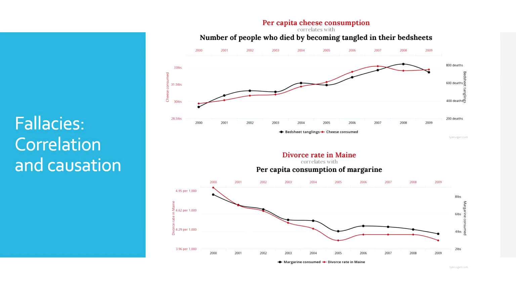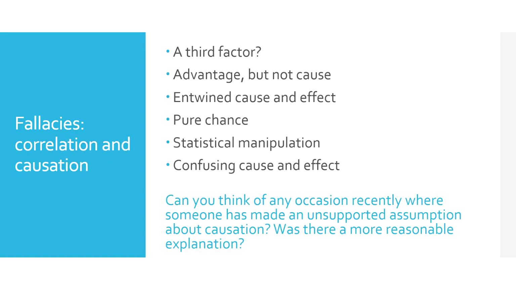Again, another example of correlation and causation is per capita cheese consumption correlates with the number of people who died by becoming tangled in their bed sheets, and divorce rate in Maine correlates with per capita consumption of margarine. However, does this really signify causation? And these are the things you want to be thinking of when you're reading papers that are looking at correlations.